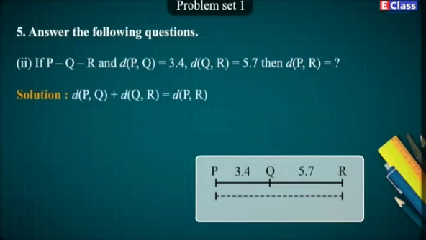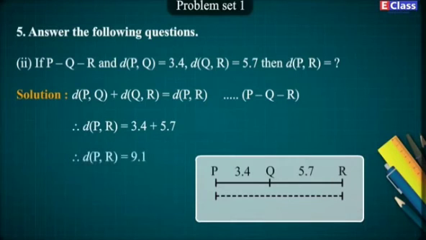Distance of PQ plus distance of QR is equal to distance of PR, since P, Q and R are collinear. Therefore, distance of PR is equal to 3.4 plus 5.7. Therefore, distance of PR is equal to 9.1. Answer. Distance of PR is 9.1.